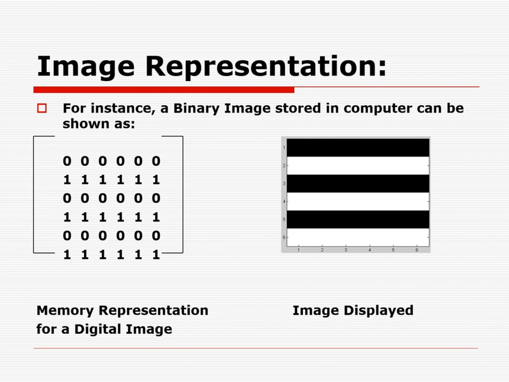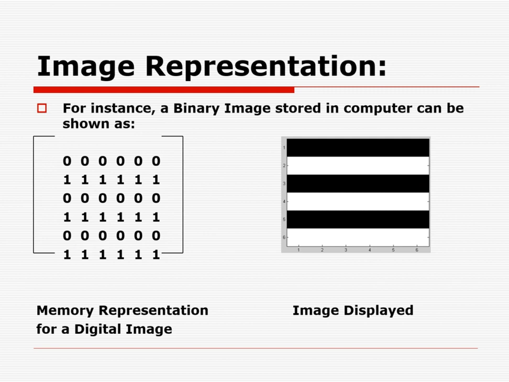Just to make you understand, let us say we have a simple matrix, and this is a binary matrix. It has 6 rows and 6 columns, and all these values use a very restricted range, 0 and 1.